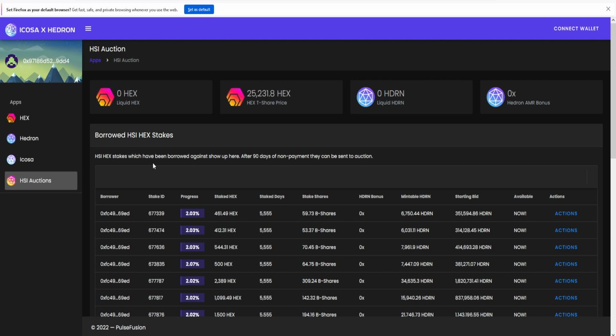Let's say the value of your hex stake was $1,000. You sell it to the contract, and the Icosa you received, you could sell directly on the open market for $1,000. Why so? Because Icosa, as I said, is a self-balancing ecosystem, and it was at 100% of its ceiling price.